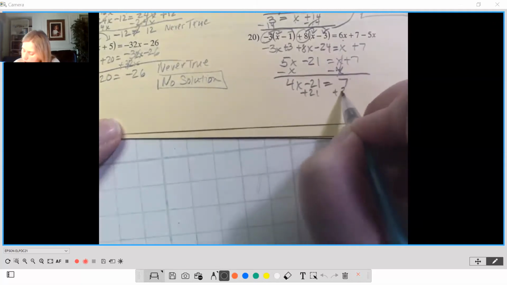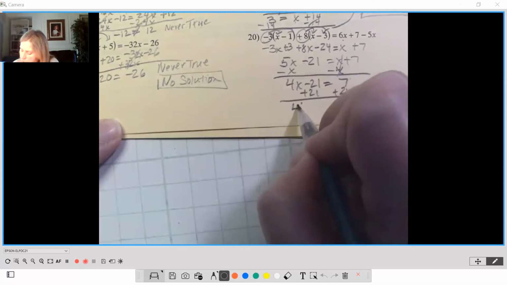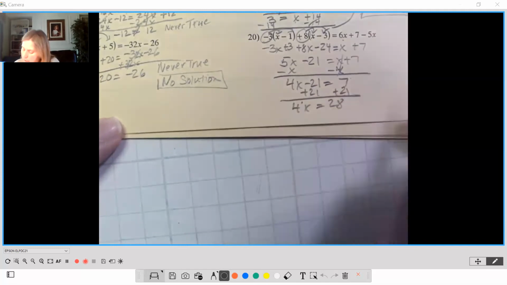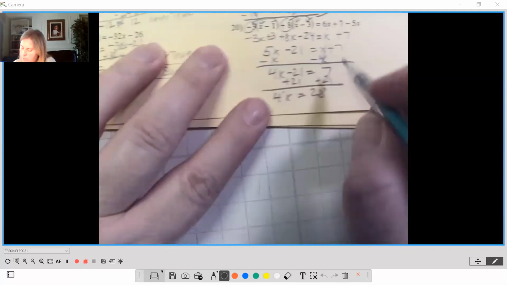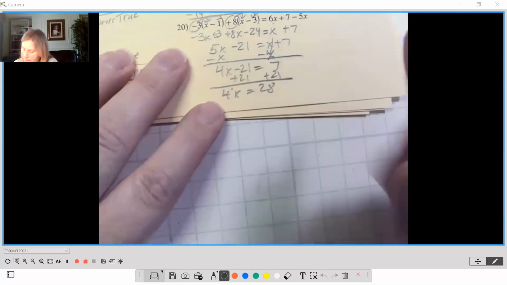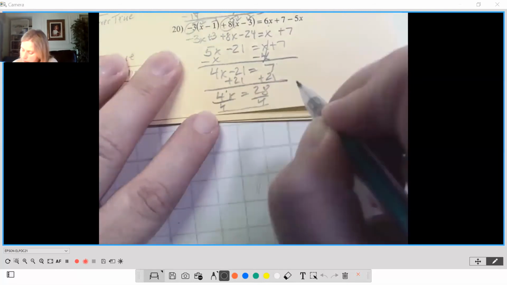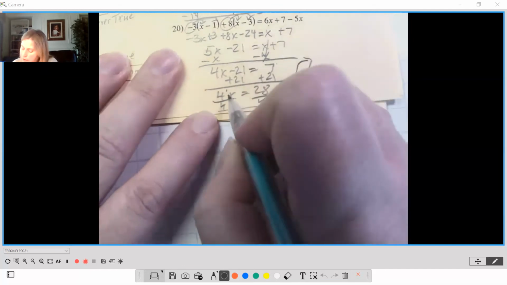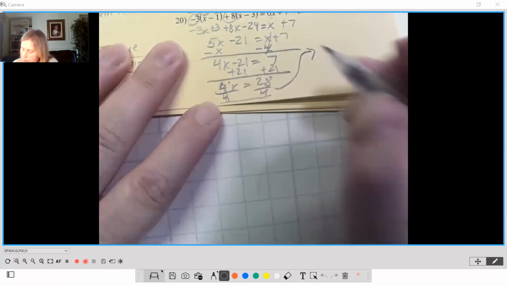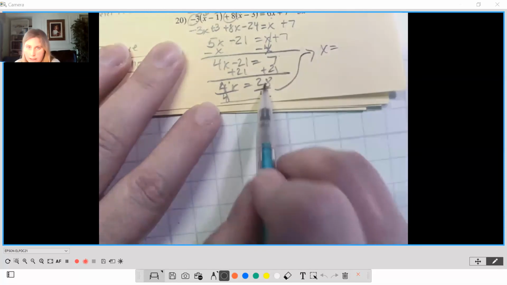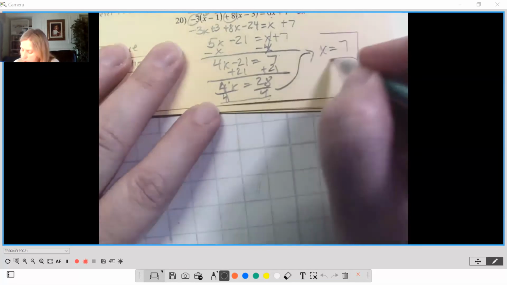Add 21 to each side to get 4x equals 28. And then I'm out of paper here. Divide each side by 4. 4 divided by 4 is 1, leaving you with 1x equals 28 divided by 4 is 7.